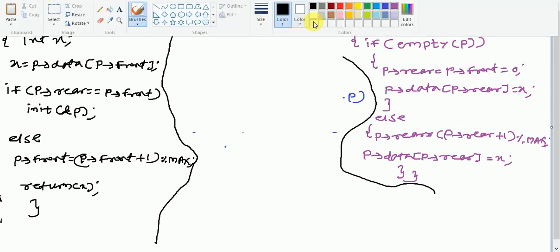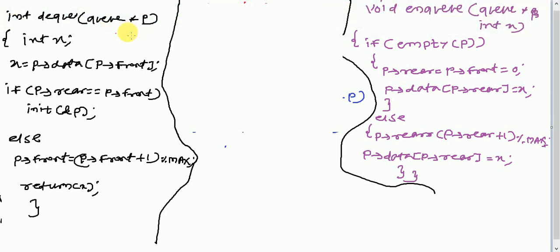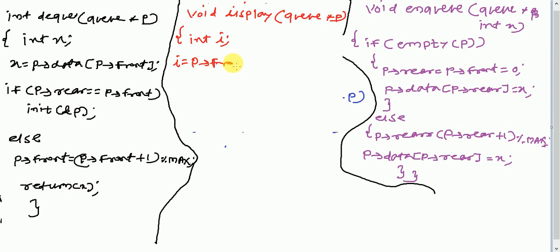So here void display, and to the function we are passing here a structure Q. Now look at here, I need to traverse the queue. So I will initialize I to P of front. So I will start from P of front to P of rear.